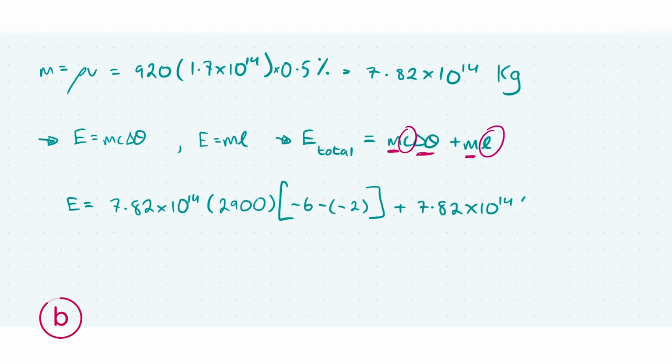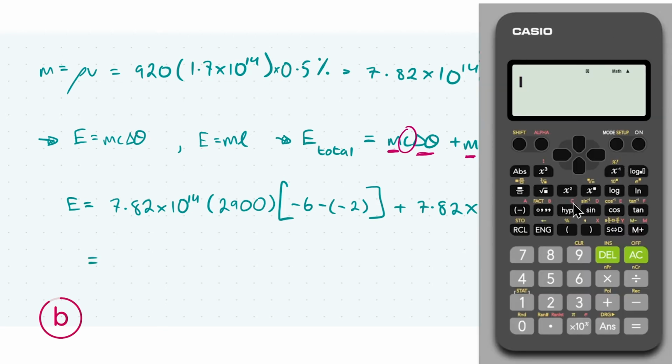And we have to add on to this m times L. So m again is 7.82 × 10^14, and we're going to multiply that by our L, which in this case is the specific latent heat of fusion for the glacier ice, also given to us in the question, which is around 3.3 × 10^5 joules per kilogram. So that's the expanded way out, and all we have to do is put that into a calculator and we'll get an answer for it.